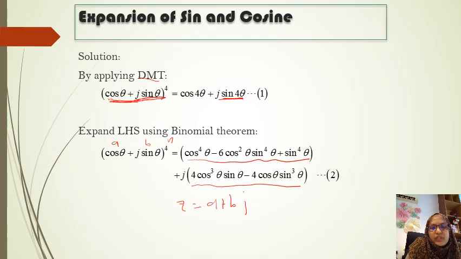So we compare real with real and imaginary with imaginary, terms with j with terms with j, terms without j with terms without j. Since we only want the j sine term, we will look at this.